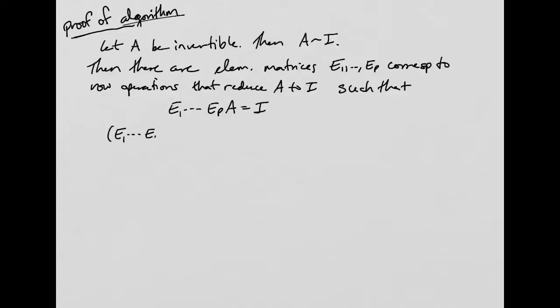So let me multiply both sides by the inverse of that product, which I could definitely do. Then here I have a matrix times its inverse, so this becomes the identity. These just go away. And here, well, that's just itself. So I can say A equals the inverse of the product of these elementary matrices.